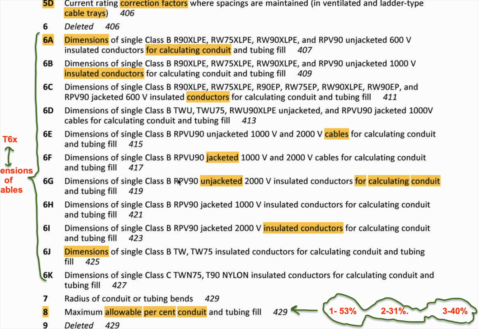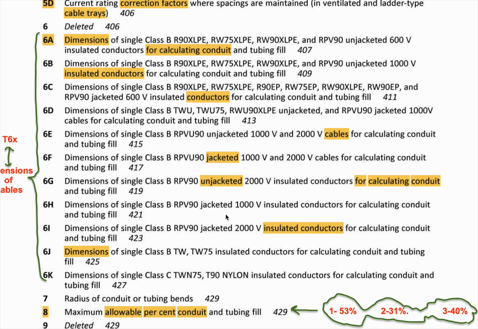Imagine that from table 2, for the ampacity of a special load, you get how many wires you need and the size of the wire. So now you have the number of wires, the name of the wire, the ampacity, and the size of the wires.